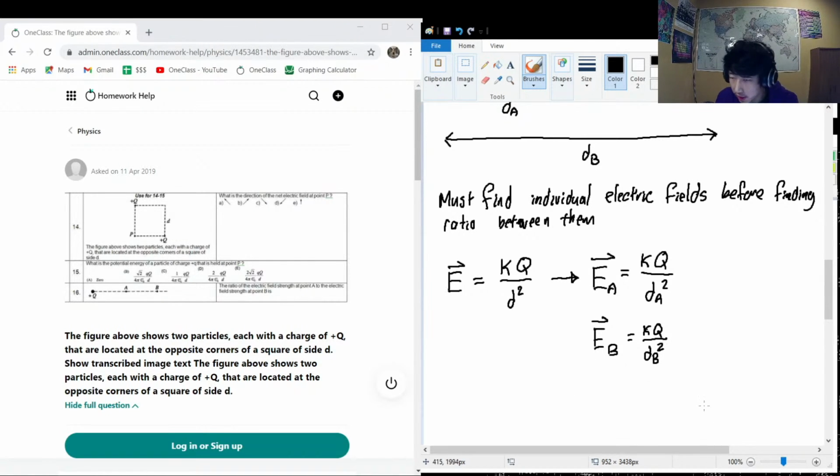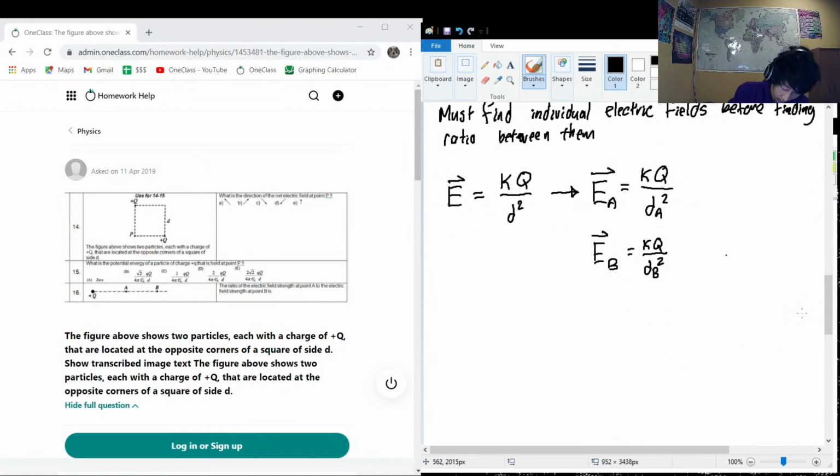Okay, so the ratio between the electric field strength of point A to point B, we're going to want to do something like this. The ratio is going to be the electric field strength of A divided by the electric field strength as observed from B. Now we just have to sub the stuff in.